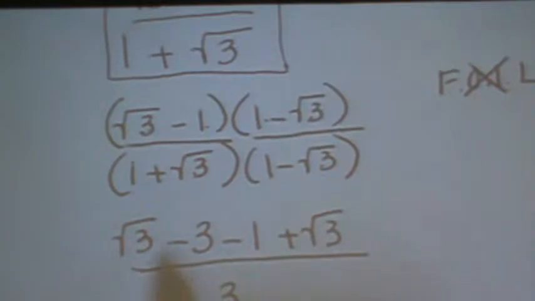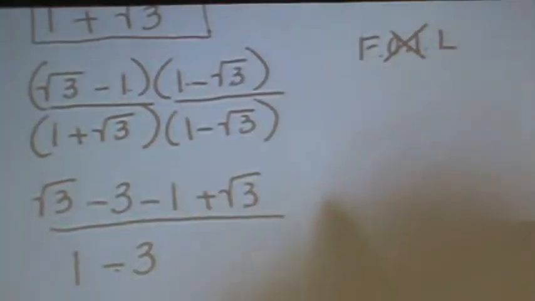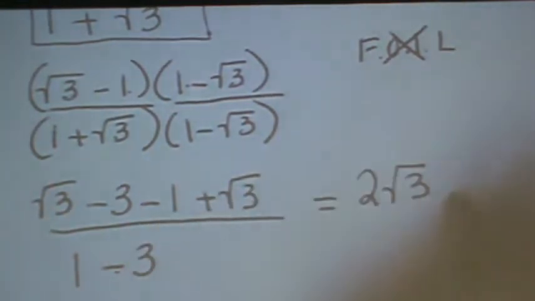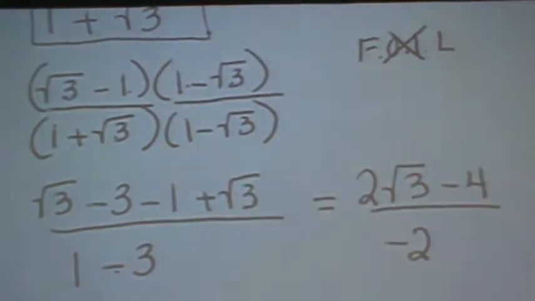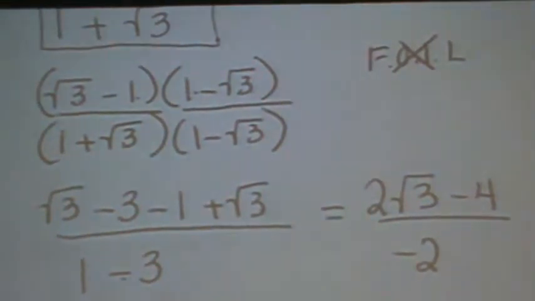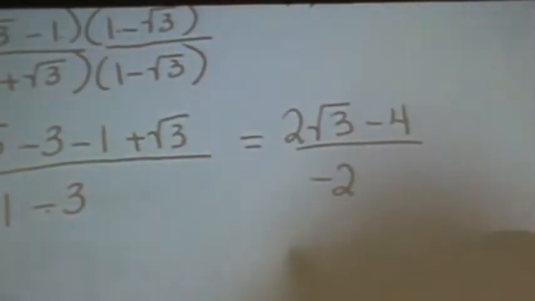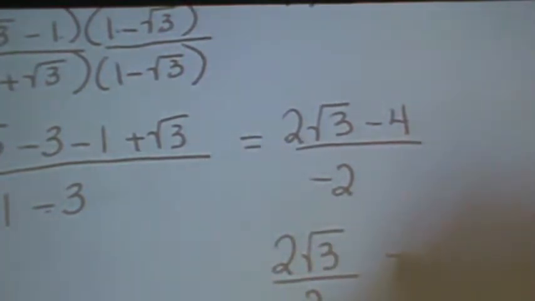So now let's simplify this. These two are like terms. We've got 2 root 3 minus 4 over negative 2. Okay? Now, I could break this up. You've got 2 root 3 over negative 2 minus 4 over negative 2.